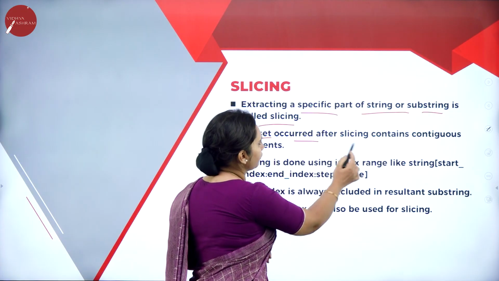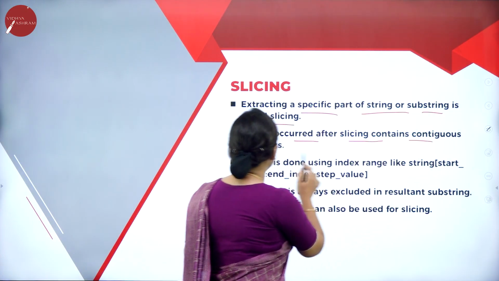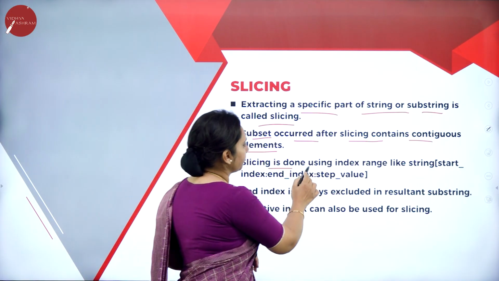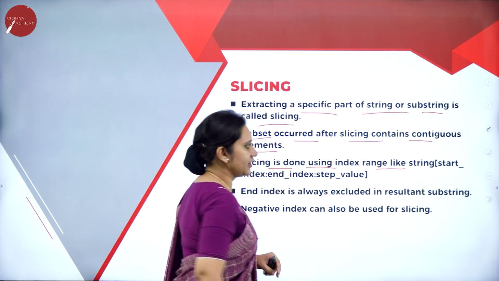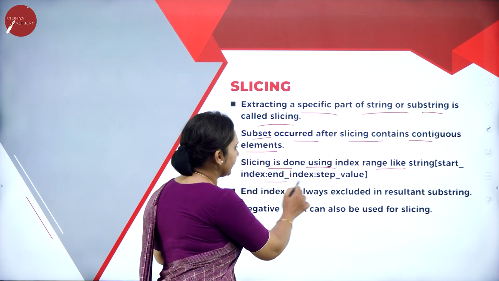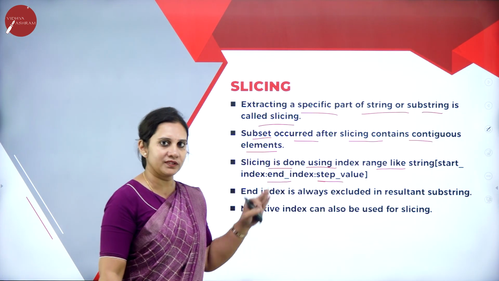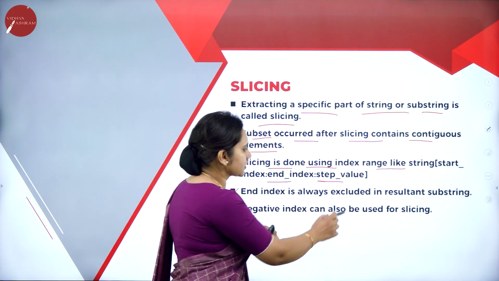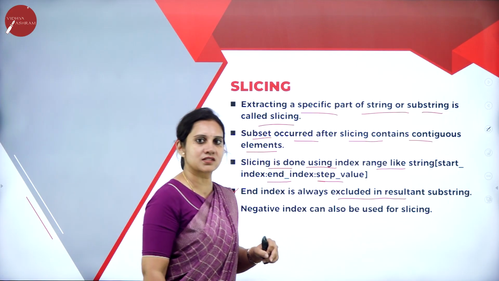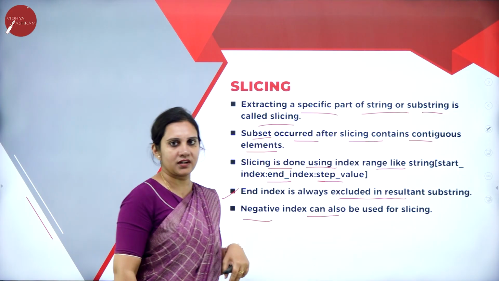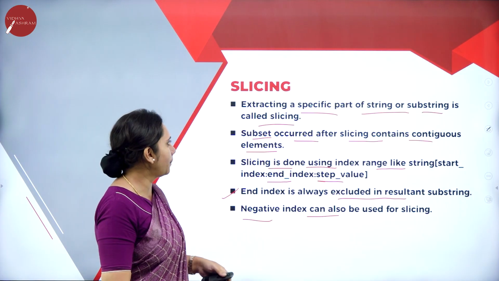The subset obtained after slicing contains contiguous elements. Slicing is done using the index range, like start index and end index. The step value we will learn with the example. The end index is always excluded in the resulting substring. Negative index can also be used in the slicing operation.